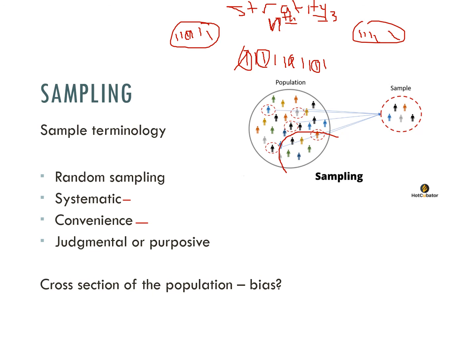I'm going to pull my sample from these people, and all of these other people that didn't make it into the clinic, I'm going to say that the information I find in my study relates to them, that it will work for them, but I'm not going to give them a chance at being included in my study. So that's convenient, right? Because I have access to certain people, but it's not necessarily the best way to pull a sample.